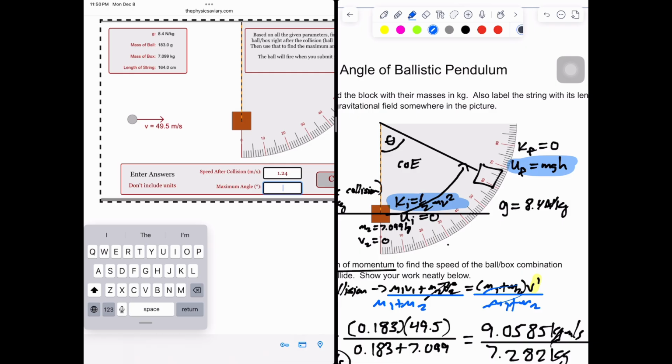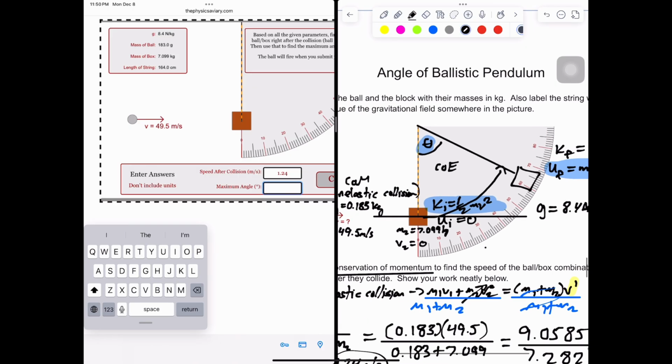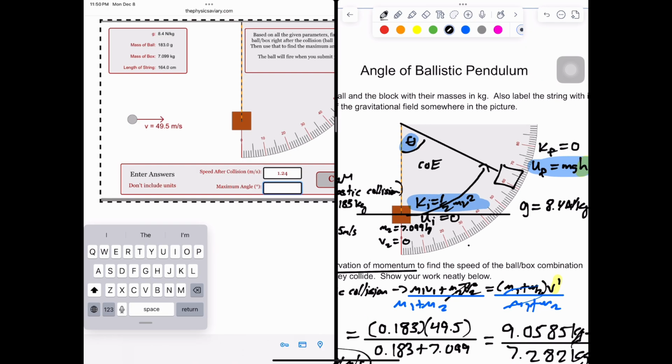And in order to find theta, you need to solve for h. Let me explain. This is your h.